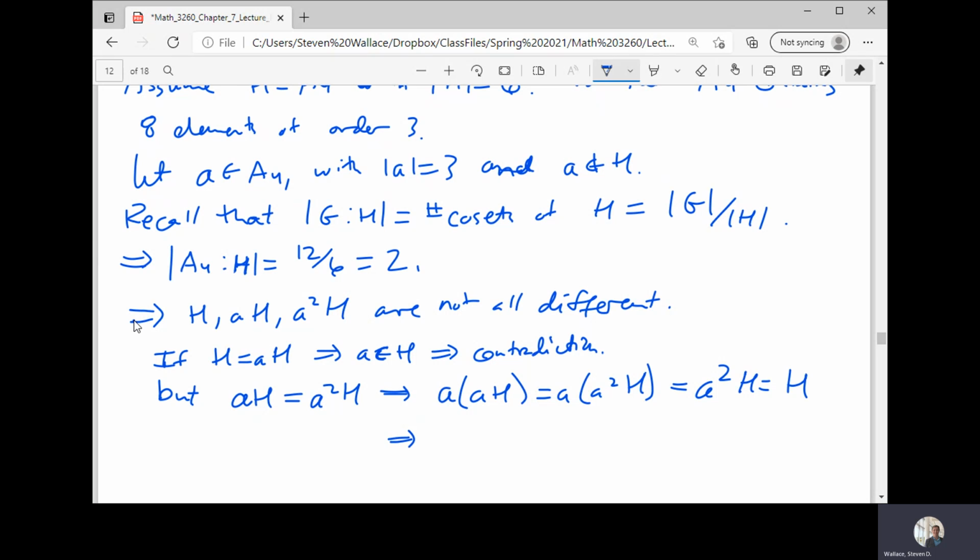So by the transitive property, this once again says that AH equals H, which is another contradiction.